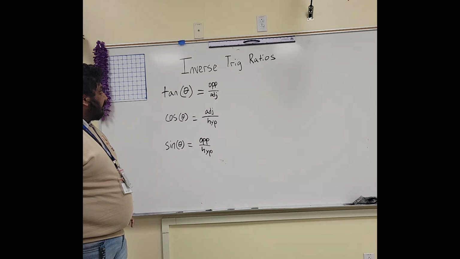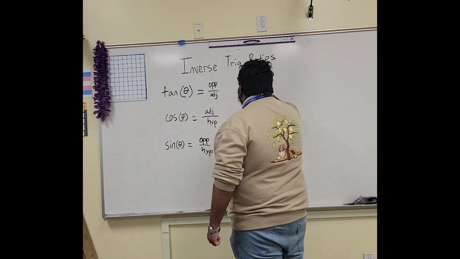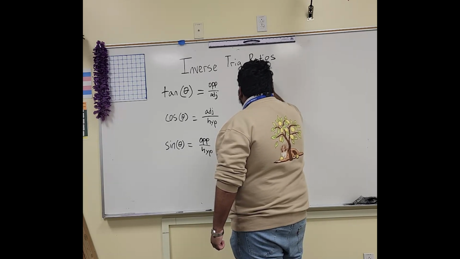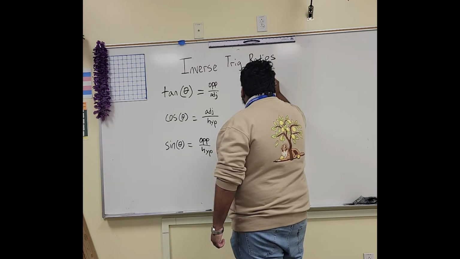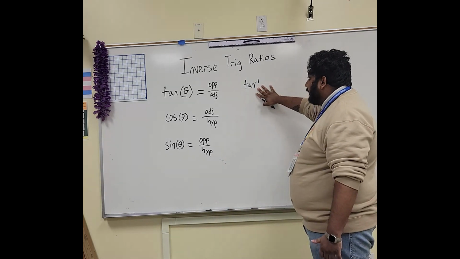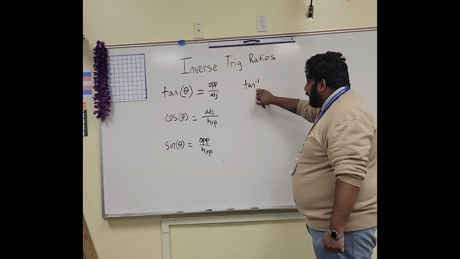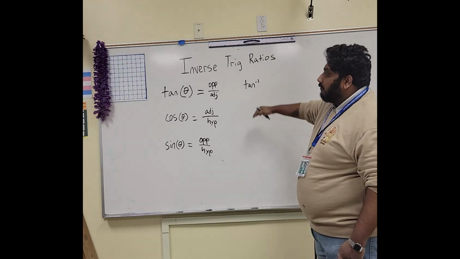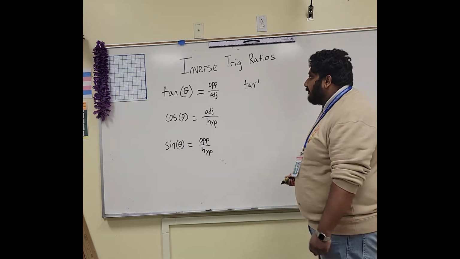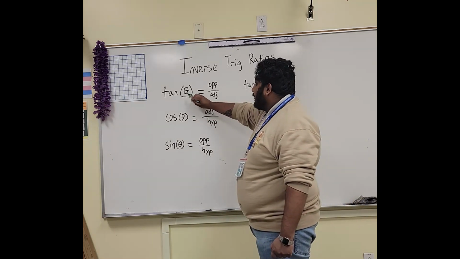Now, for inverse tangent, we denoted it as this function, right? We'll just keep it like this for now. So inverse tangent is some function. Typically when we're searching for some missing value, we're usually given the angle and we're usually given a side, right?